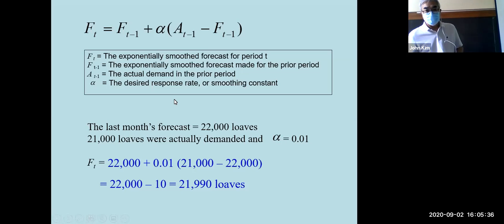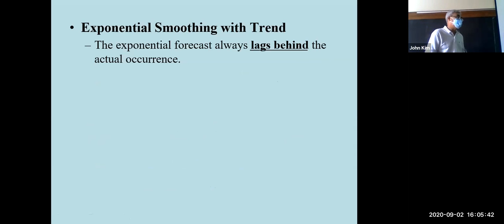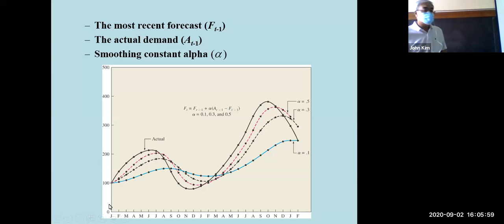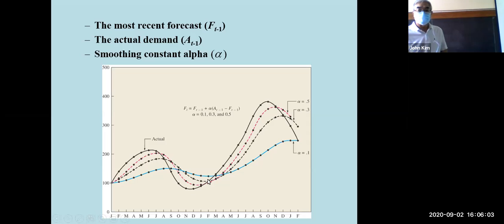But if we use exponential smoothing, there is one problem: lagging behind. The exponential forecast always lags behind the actual occurrence. Here, the black line is actual demand.